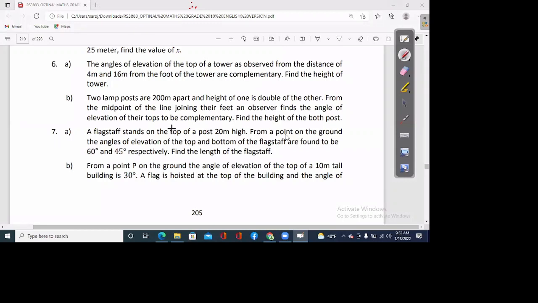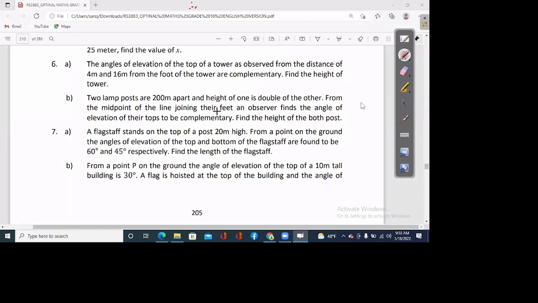Sir, there are two lampposts 200 meters apart, and one of the heights is double of the other. What is the meaning of 200 meters apart? Sir, the distance between the two lampposts is 200 meters.